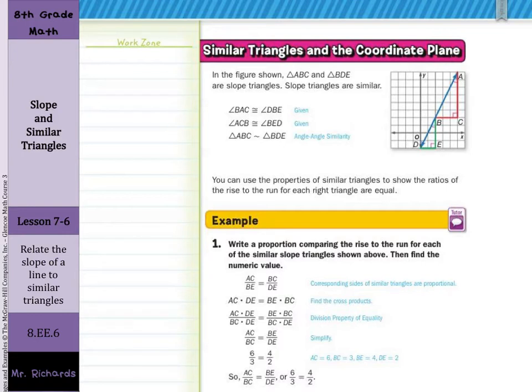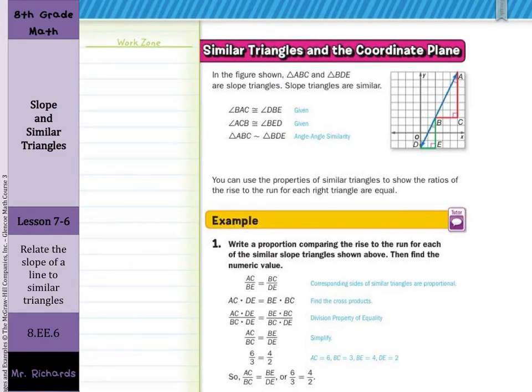So we're going to compare AC to BE, those two sides compare, and set that equal to BC over DE, as the corresponding sides of the similar triangles are proportional.